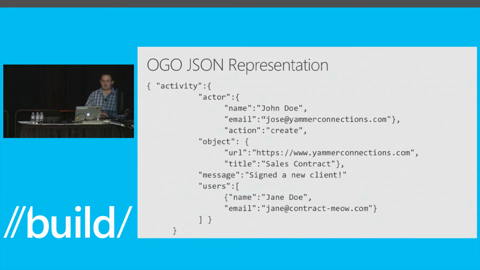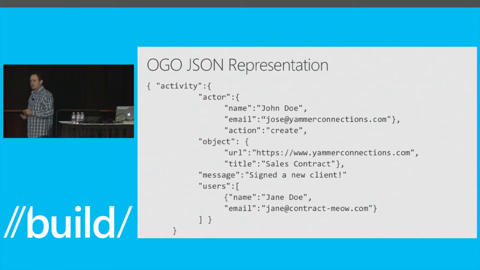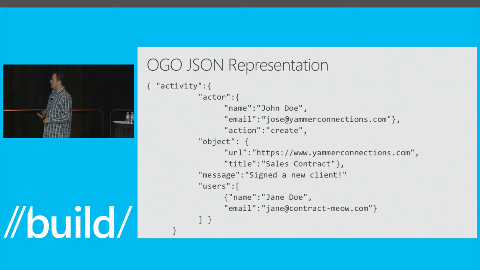And this is basically how the JSON representation looks. This is what you embed into your body when you send a post request to that API URL. It's pretty much the information that we discussed in the previous slide. We have the actor, we have the object with all the data.